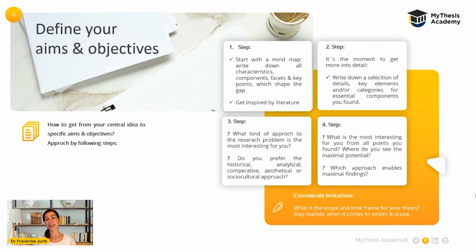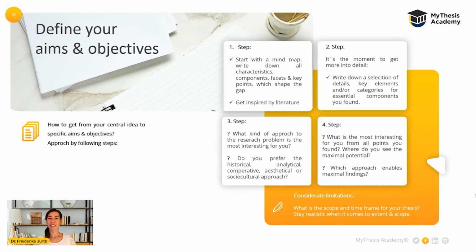For this, you can get inspired by the literature and you can also get in dialogue, once again, with your fellow students or with friends and discuss and share the ideas with them. Maybe you can even show them your mind map and ask them what they think.